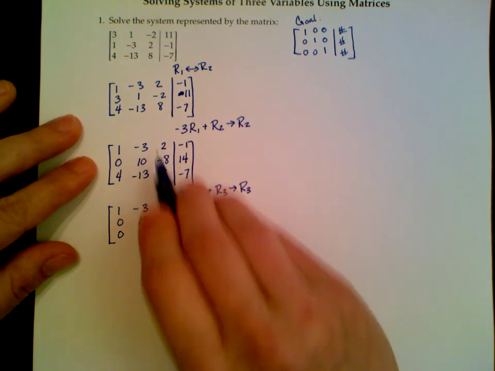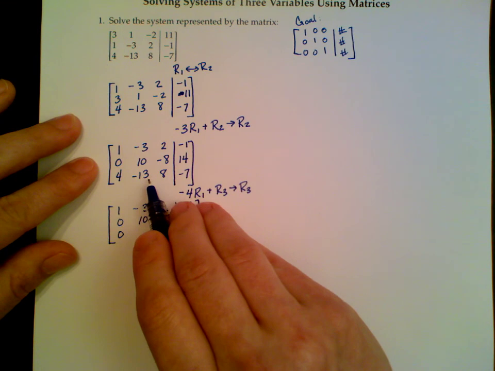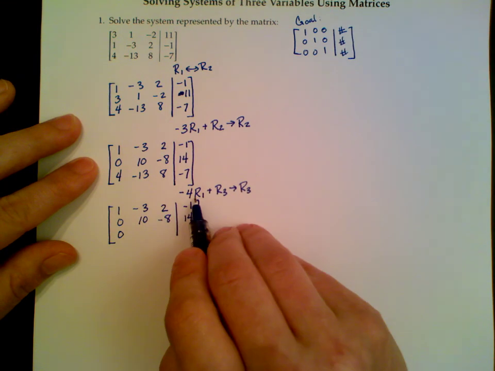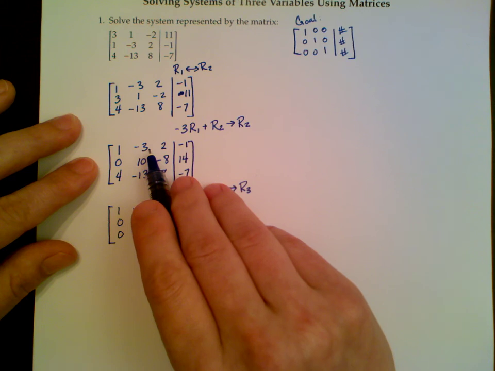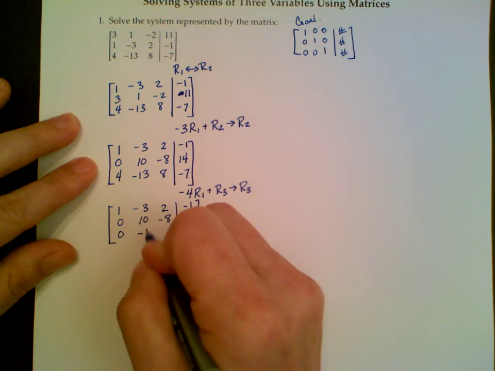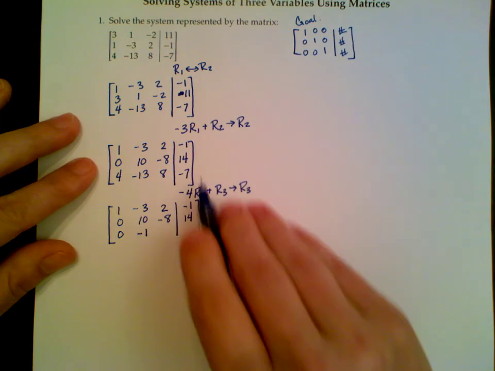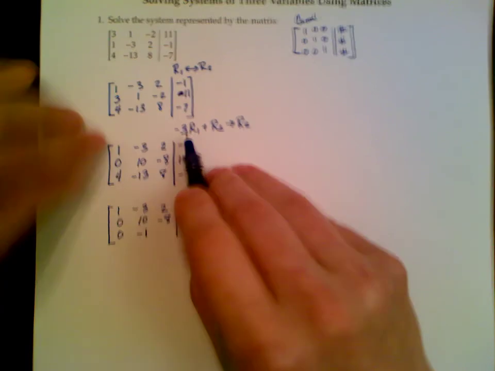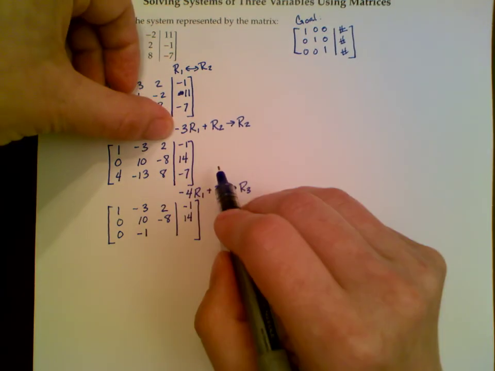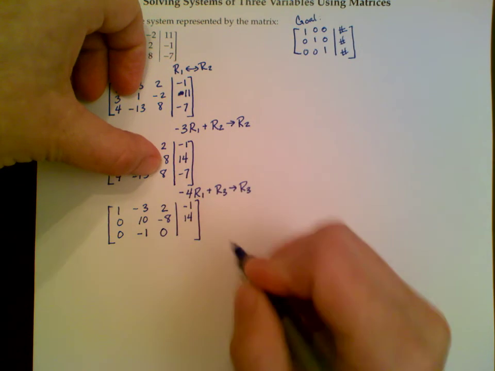Negative 4 times negative 3 is positive 12, plus negative 13 is negative 1. Negative 4 times positive 2 is negative 8, plus 8 is 0.